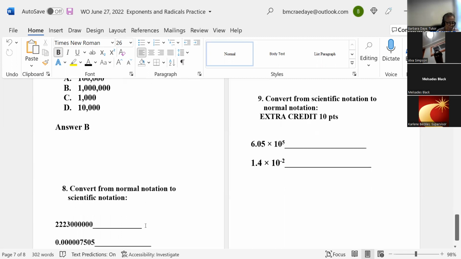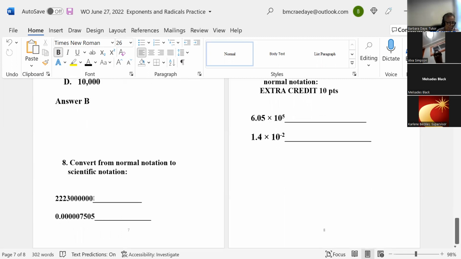Now your decimal point is after this last 0. You're moving it to the left. Between what 2 digits, Alva? You're moving the first digit here to the left. And remember, it has to be less than 10. So where would your decimal point be?